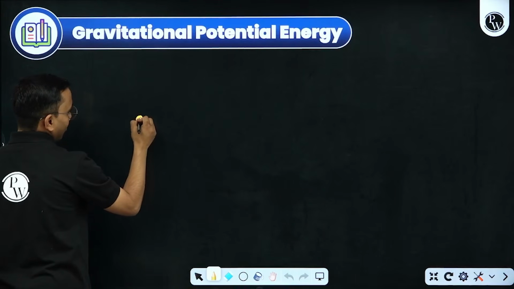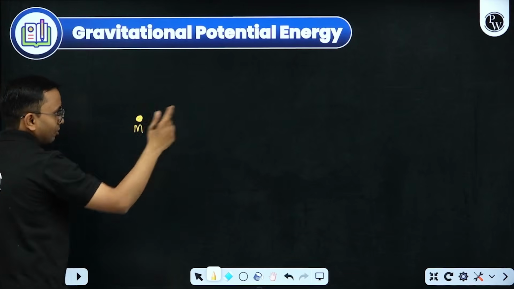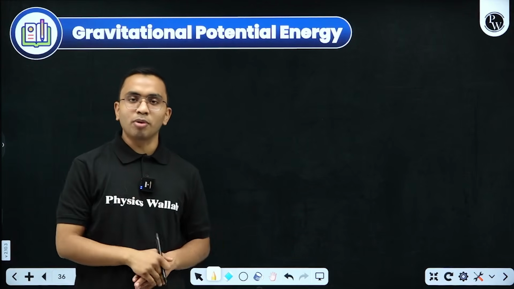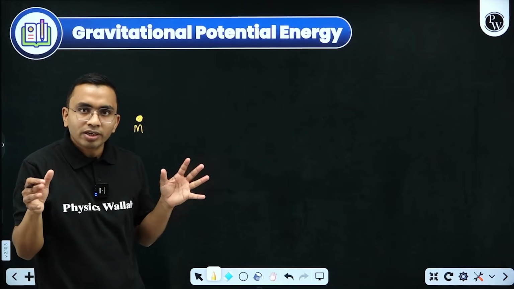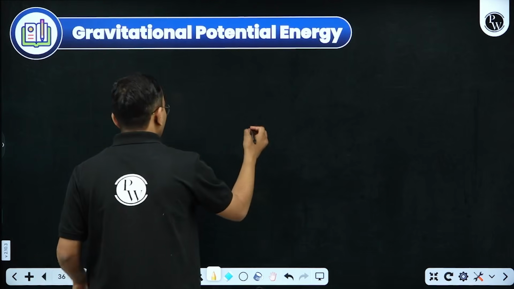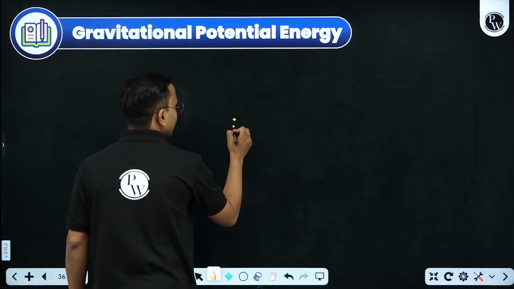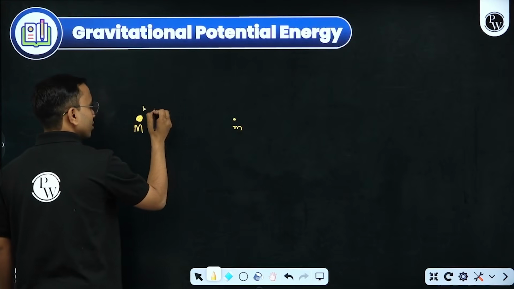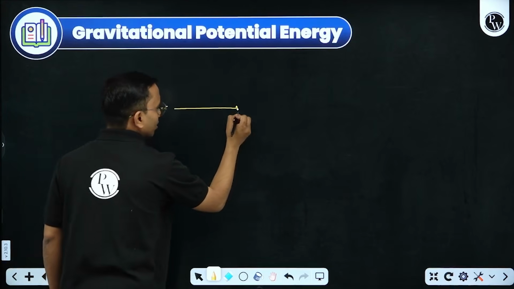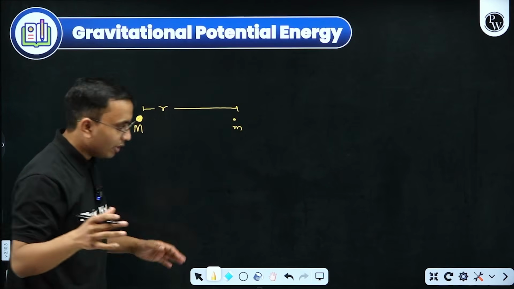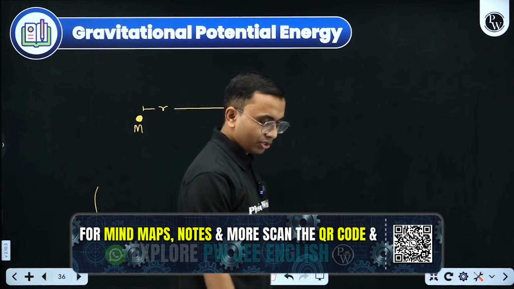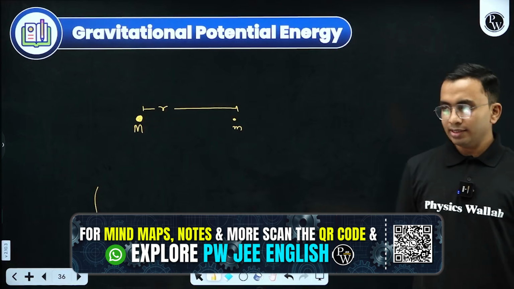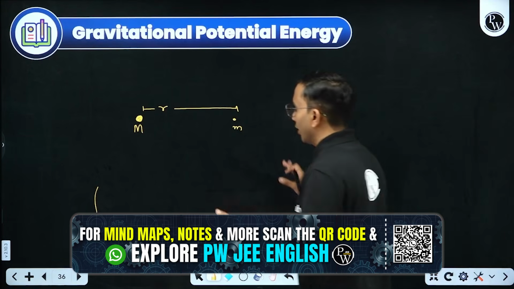So there are two masses, big M and another small mass m. I need to find how much the potential energy is. The potential energy will be the work I will do to put these two masses at a distance r. So how will I put them?